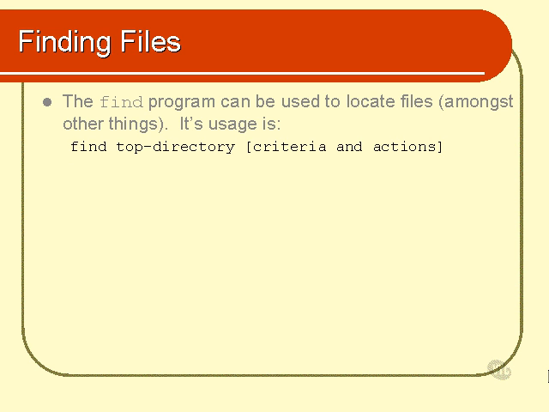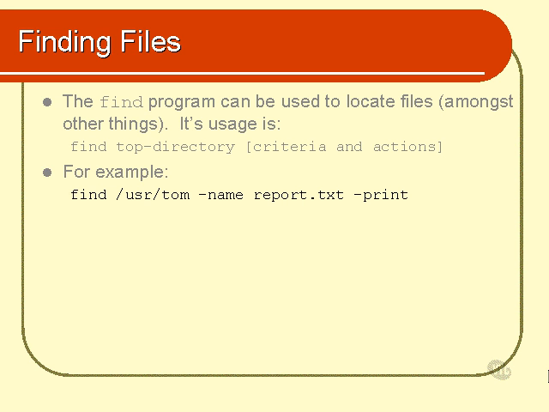For example, I might want to find in the top level directory /user/tom. So I start in /user/tom and look in that directory and in all subdirectories for files that are named report.txt. So we'll only find files that are named report.txt and nothing else.